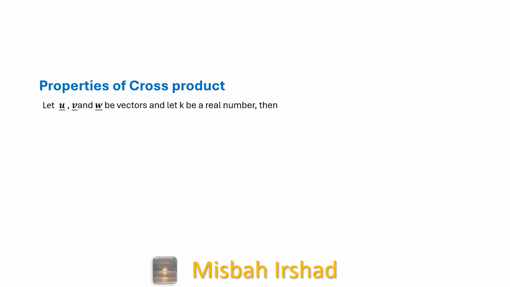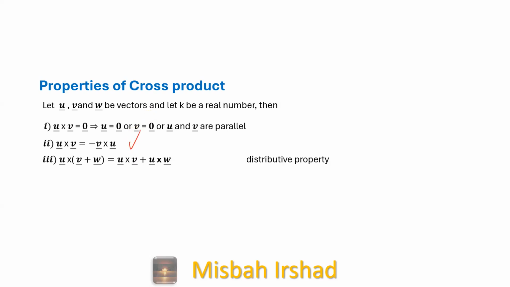So there are a few more properties of cross product. If we have u, v, w, three vectors, and let k be a real number, then u cross v is equal to 0 implies either u is 0 or v is 0 or u and v are parallel. We have already discussed this. u cross v is equal to negative v cross u, and this is the distributive property. u cross (v plus w) is equal to u cross v plus u cross w.